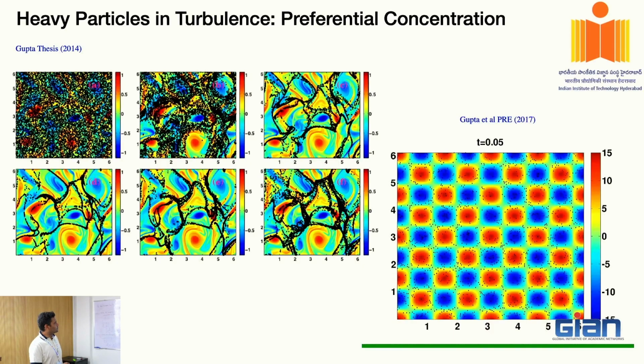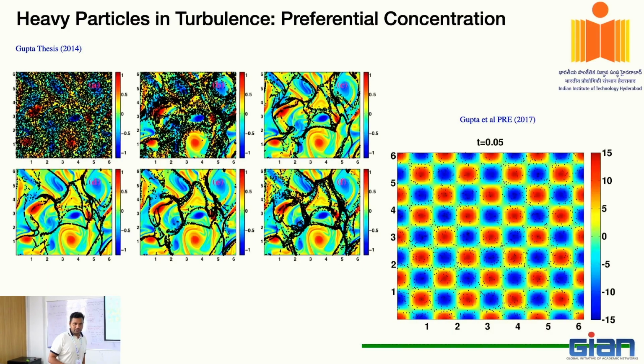But as soon as your Stokes time becomes comparable to the flow time scale, you will see that there is a strong correlation, and the particles start to get ejected from these vortical regions, and then they start to get accumulated in these regions. Now again, when your particle time scale becomes even greater than the fluid time scale, at that time the information of the flow will not play an important role.